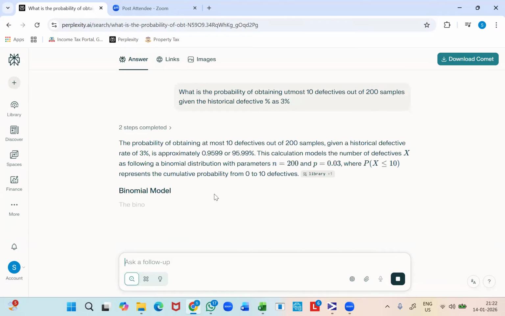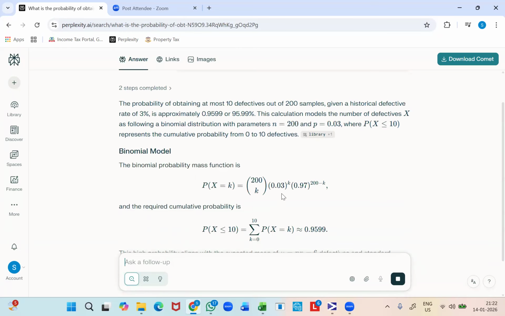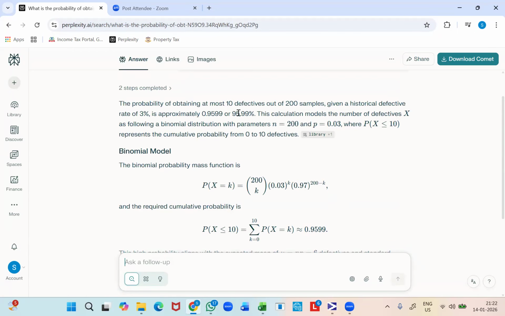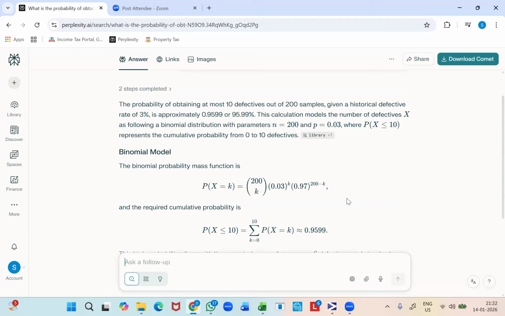So it is thinking. 0.9599, right? So that's the answer. We also got 0.9599 is the correct answer, or 95.99%.